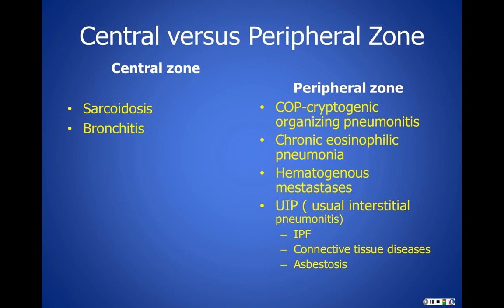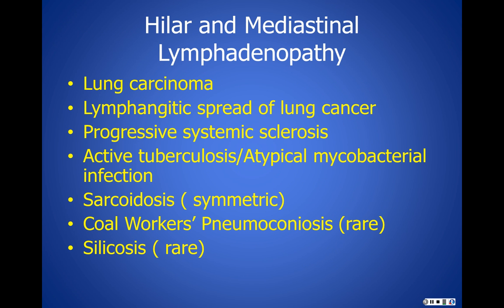Chronic eosinophilic pneumonia, hematogenous metastasis, and UIP. And I talked about this once before. Hilar and mediastinal adenopathy with interstitial opacities could be lung cancer, lymphangitic spread of lung cancer, progressive systemic sclerosis, TB, sarcoid, coal workers pneumoconiosis; silicosis is rare.